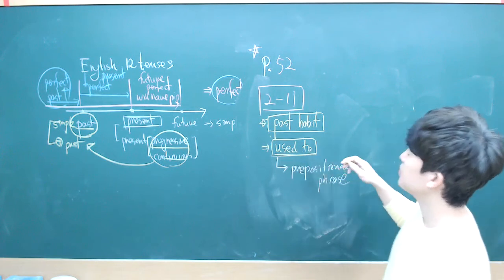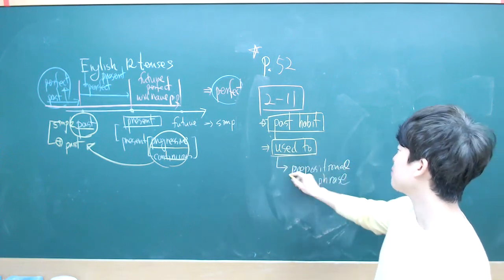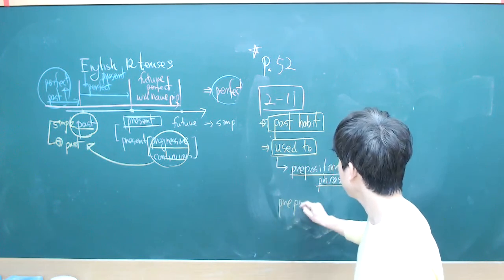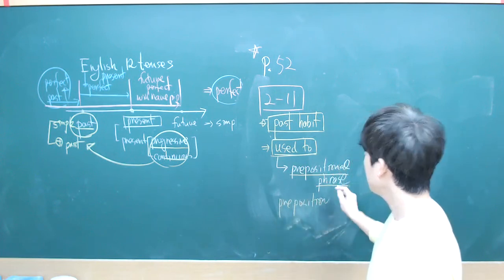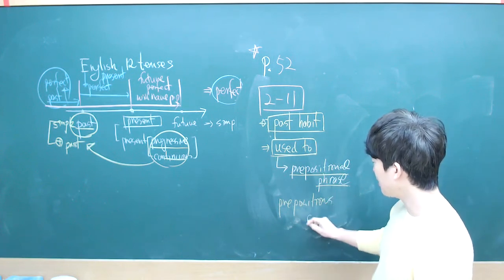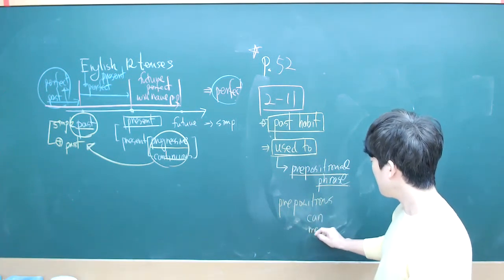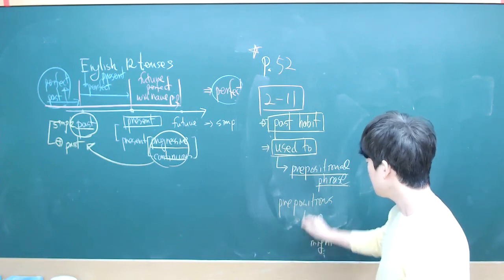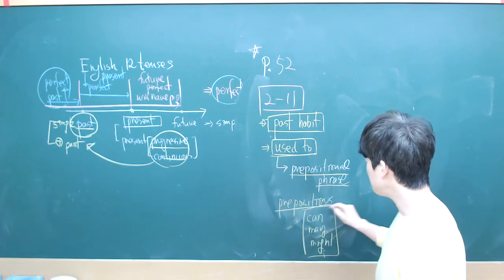Used is called in grammar a preposition. The typical examples of prepositions are can, may, might.